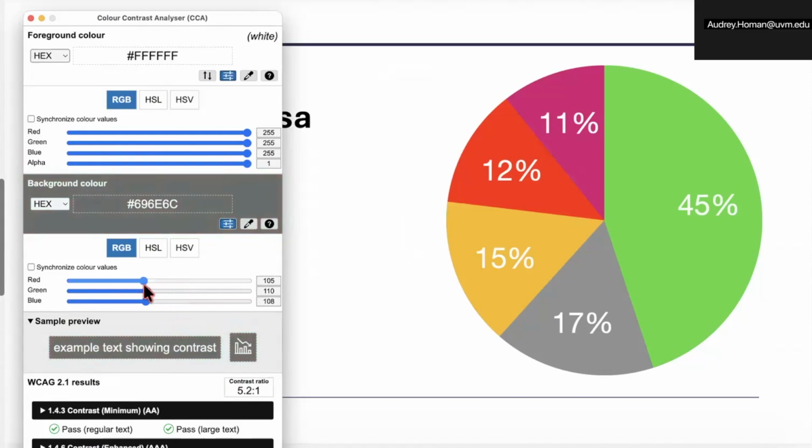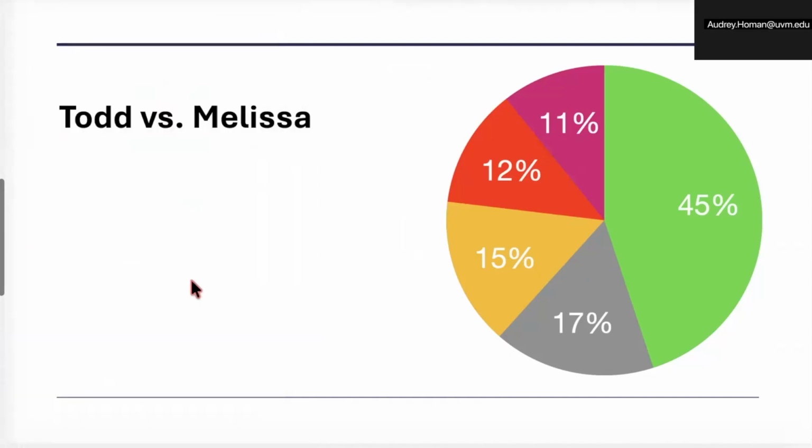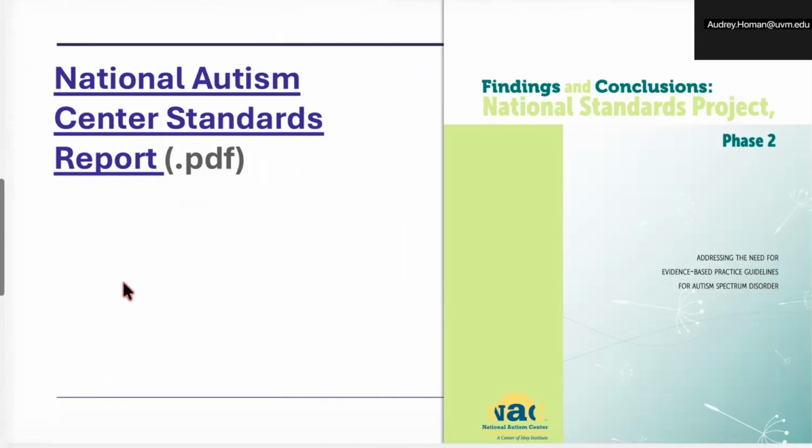Okay, if I were to go back and fix that pie chart, the color contrast analyzer has shown me that this particular hex combination, if I apply it to the wedge in the pie chart, it will meet my requirements for color contrast. This turns up in the most unlikely places.